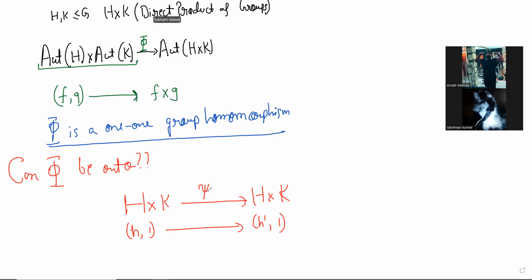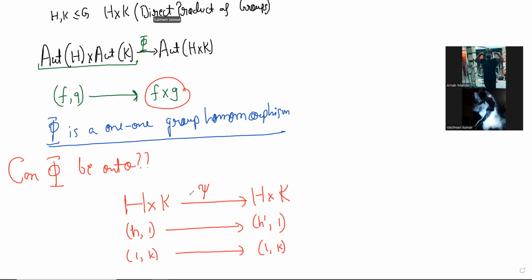Every automorphism psi should be of this kind, right? Then only our psi will be in our image. Do you agree? If psi is of this type, then it's like acting coordinate-wise.